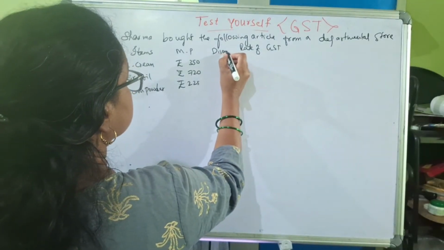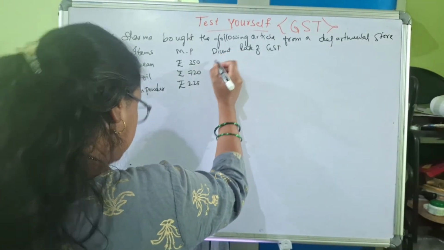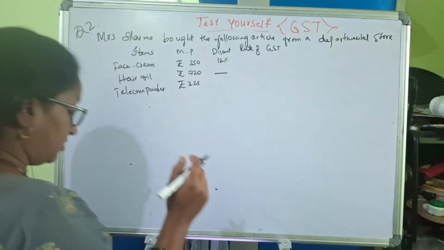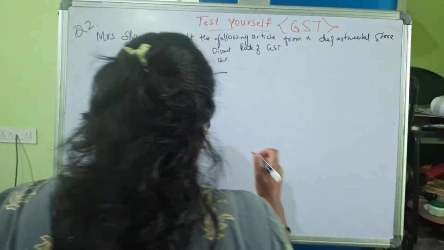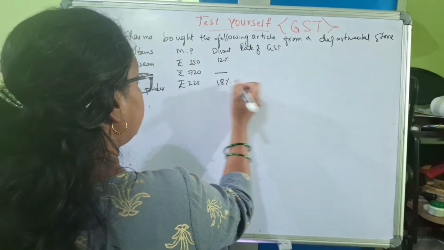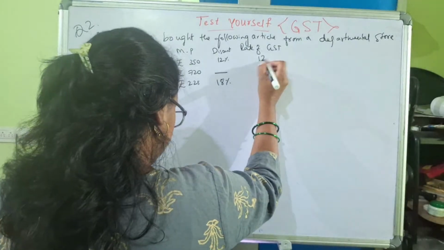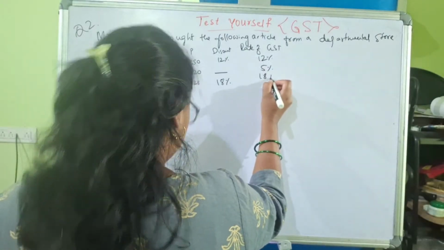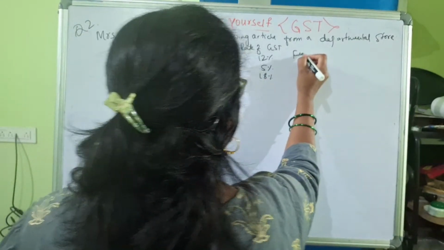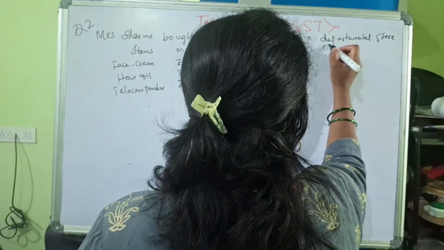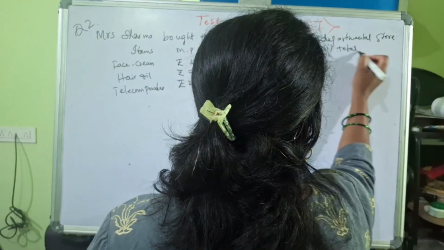Discount 12%. There is no discount for the hair oil. And for talcum powder 18%. Rate of GST is 12%, 5% and 18%. Find the total GST paid.